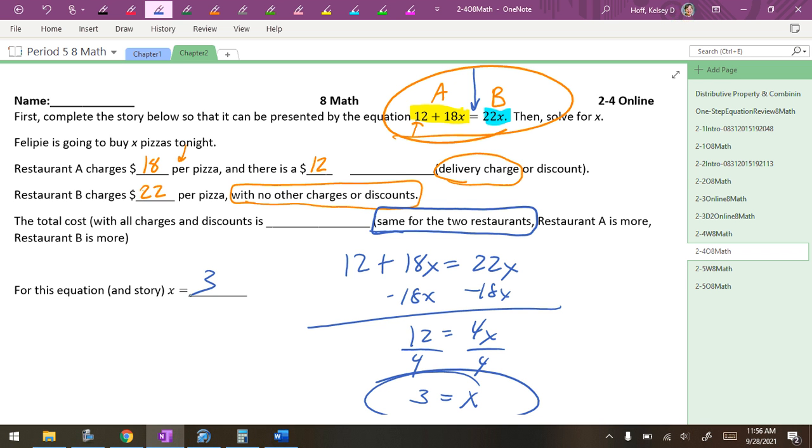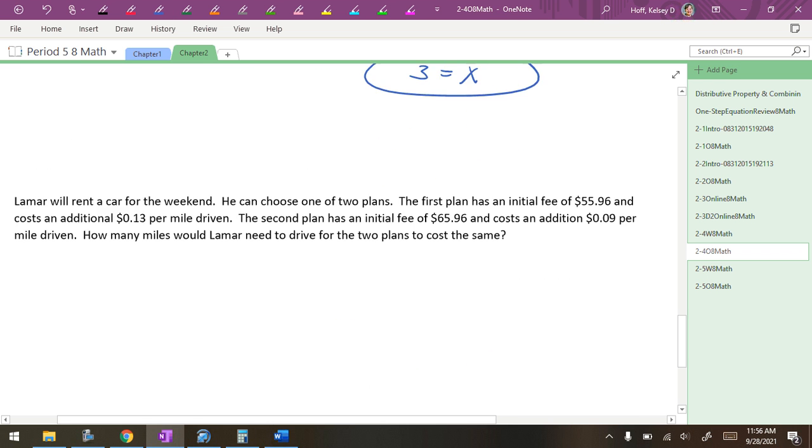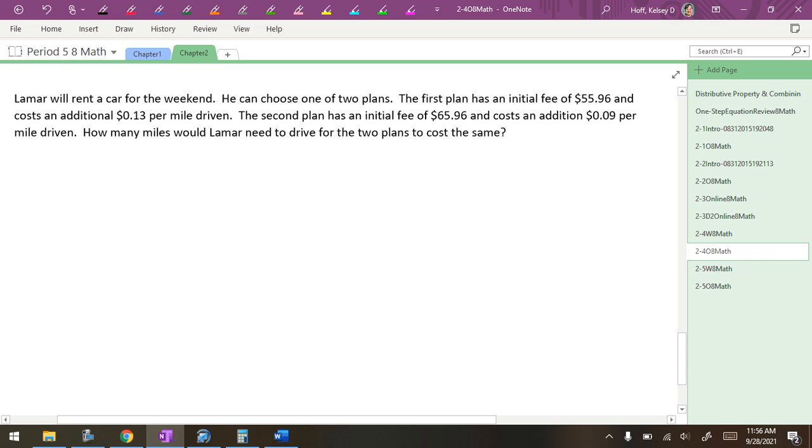All right. Mr. Lamar is renting a car for the weekend, and he gets to choose one of 2 plans. The first plan has an initial fee of $55.96 and costs an additional 13 cents per mile driven. The second plan has an initial fee of $65.96 and costs an additional 9 cents per mile driven. How many miles would Lamar need to drive for the 2 plans to cost the same? I'm going to go to that very last sentence. How many miles?